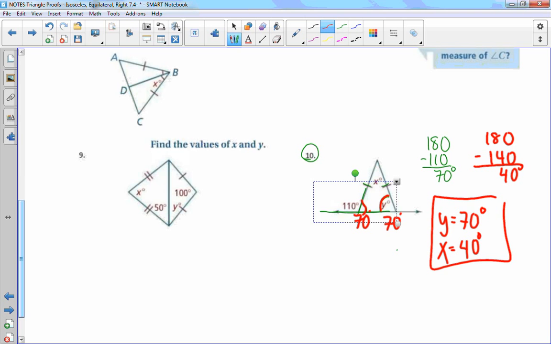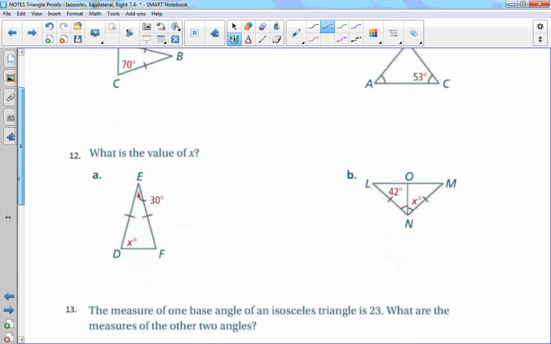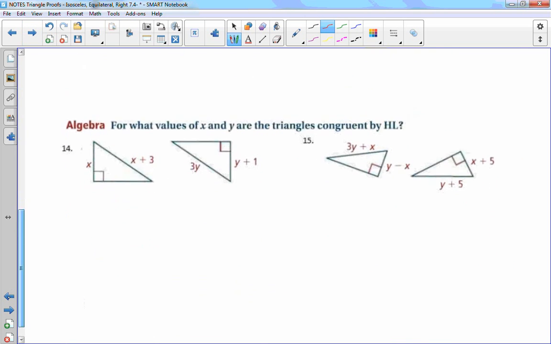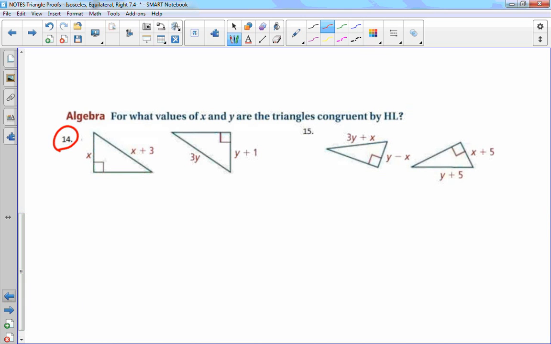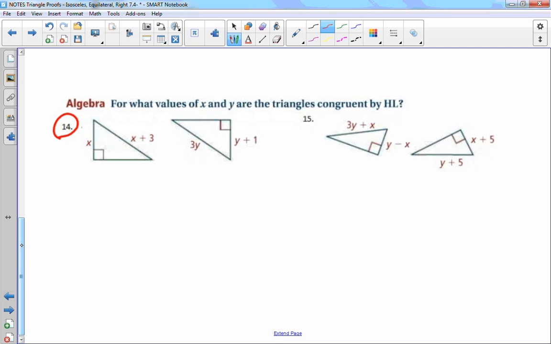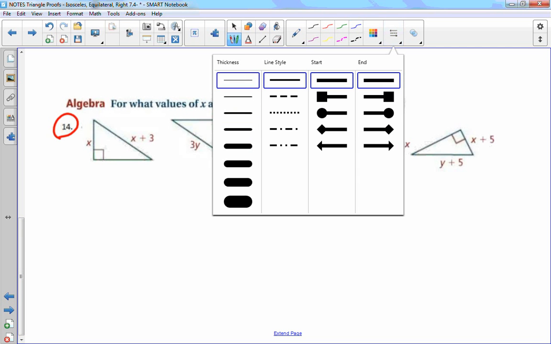Okay. So I think there's one last one on the back I wanted to do. Yes, number 14 on the very, very back. Find the values of x and y. For where x and y are, they can go by hypotenuse length. Hypotenuse length only applies to right triangles.